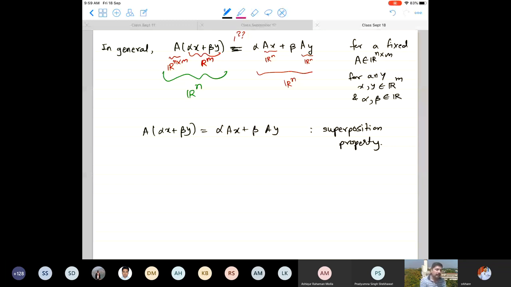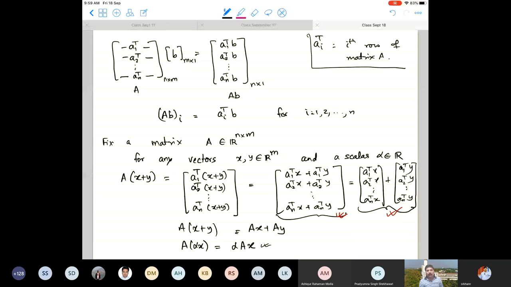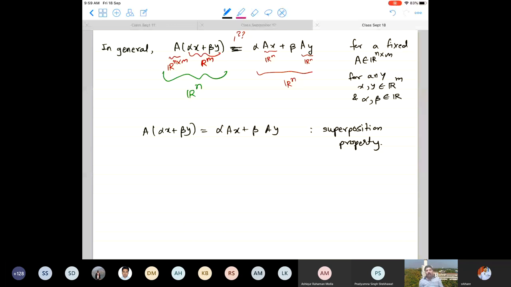One thing that you have to understand is that this superposition, though I am writing it for vectors, is coming out because of the inner products that we have defined. The vectors are coming through inner products only. So the superposition that we had for inner products is playing a role in coming up with superposition for the vectors here. The superposition on R, which we had done for inner products, is being written n times, once for each of the components.